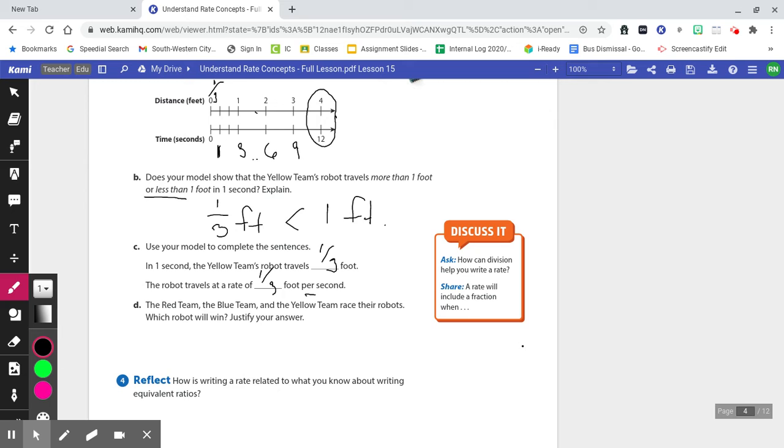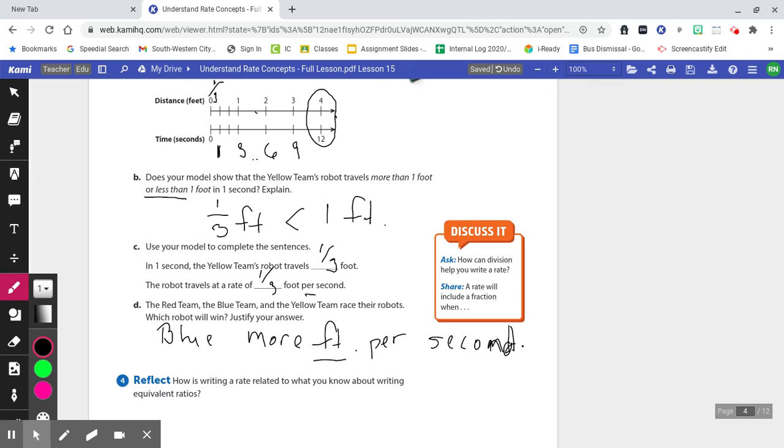Because the rate shows that the blue team travels more feet each second, so it goes faster. So the blue wins, and it's more feet per second. When I compared them all with 1 second, the blue team had more feet.